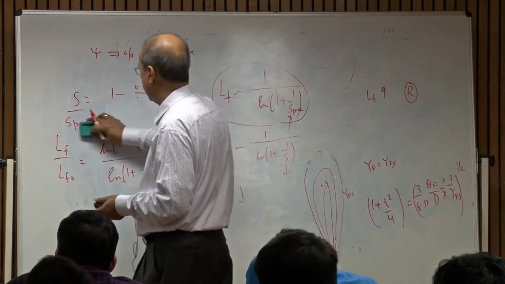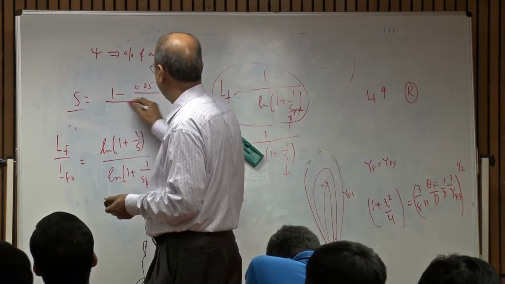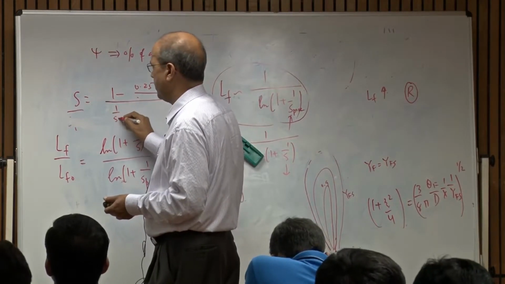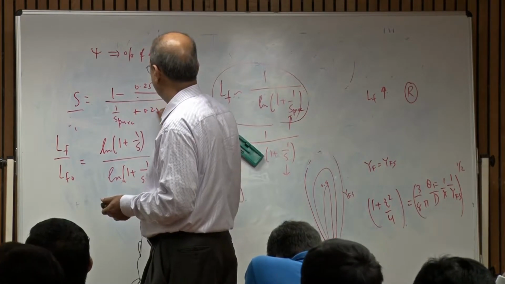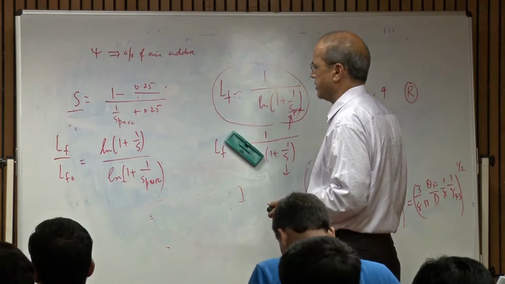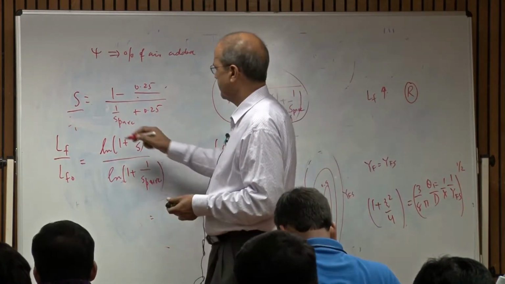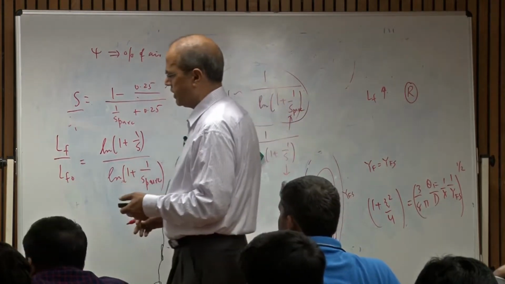No, we can't do this. So, this is 1 over S pure plus 0.25. So, what do we get for this S? Do we get what I have here?